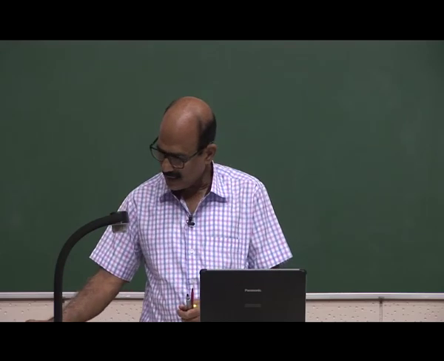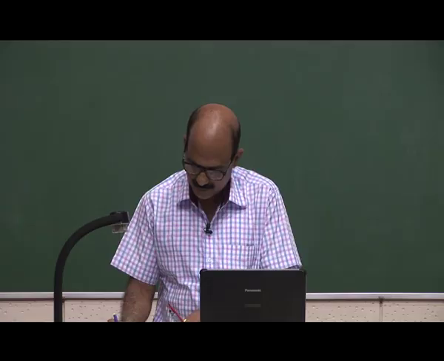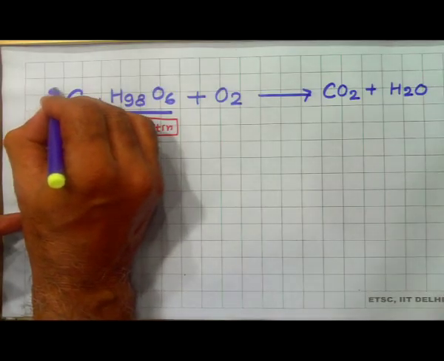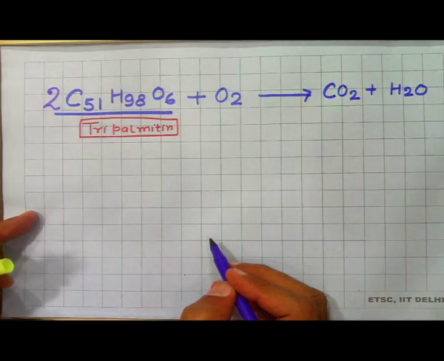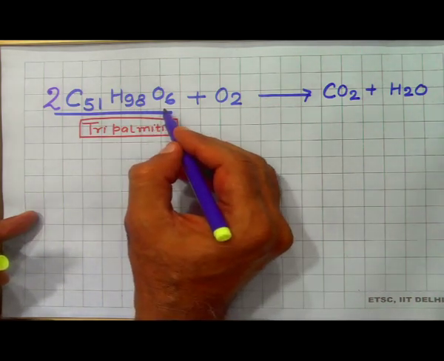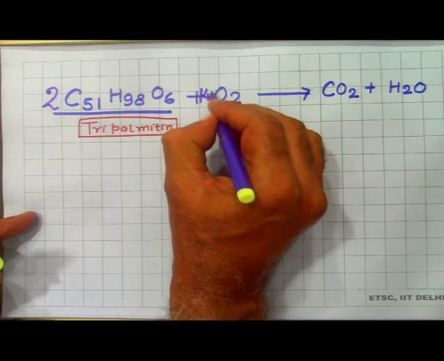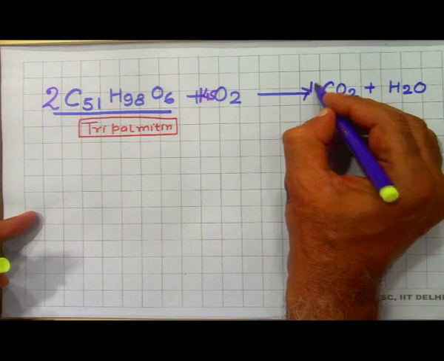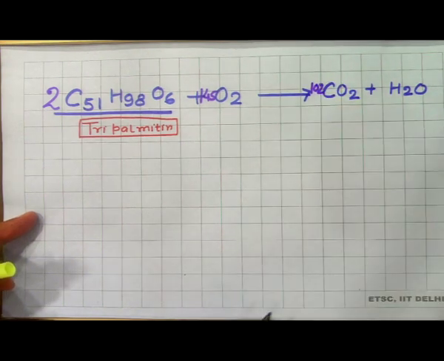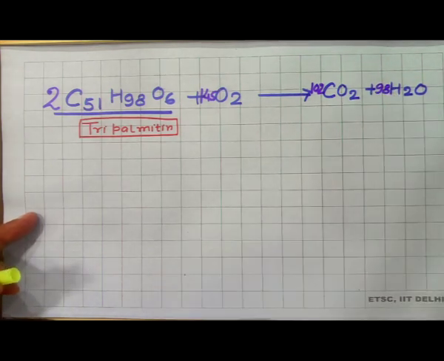When we balance this reaction, 2 C51H98O6, when combined with 145 molecules of oxygen, gives 102 molecules of carbon dioxide and 98 molecules of water.